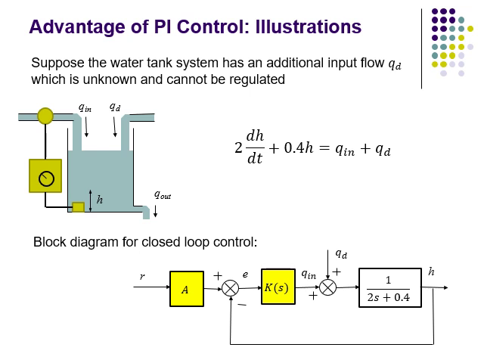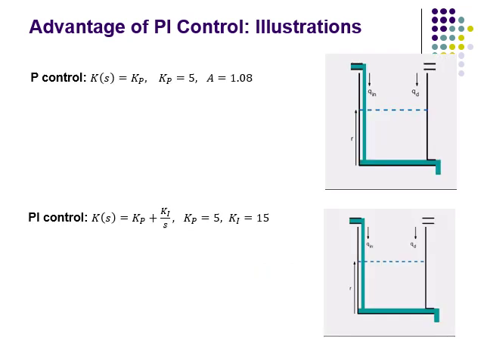In this case, the height of fluid in the tank will depend on the reference, but it will also depend on the input Qd. Okay, so we're going to look at two different cases. In the first case, the controller is a proportional controller, and in the second case, the controller is a PI, so proportional plus integral controller.